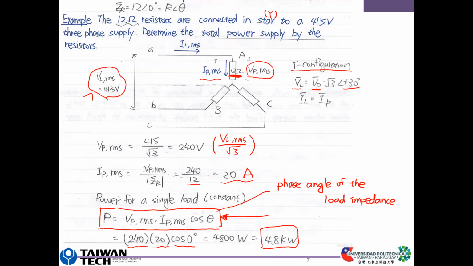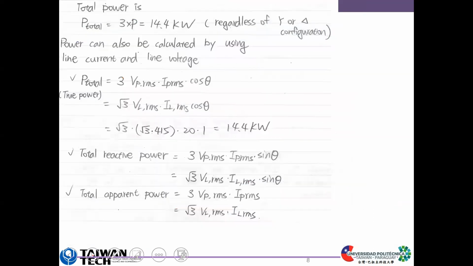Since it has 3 phases, the power needs to be multiplied by 3. So the total power needs to be multiplied by 3, regardless of the Y or delta configuration.